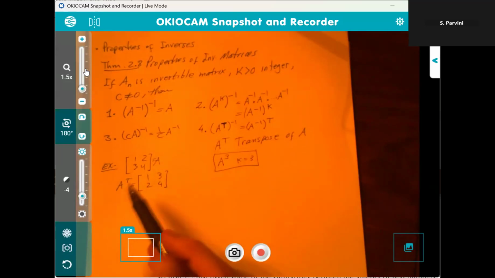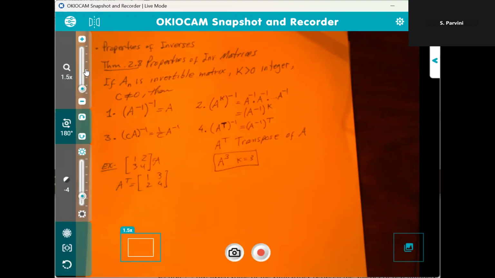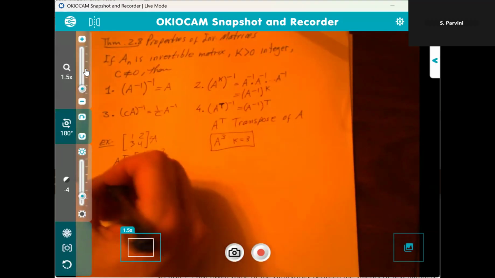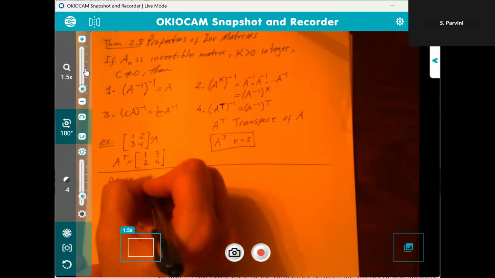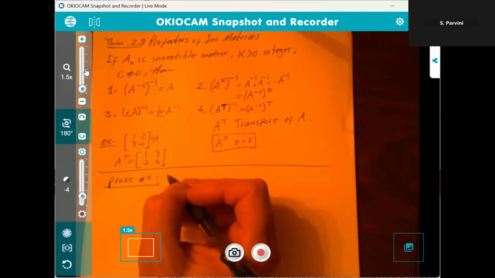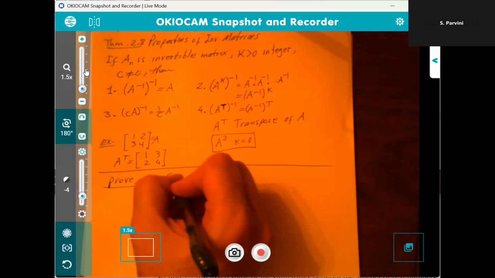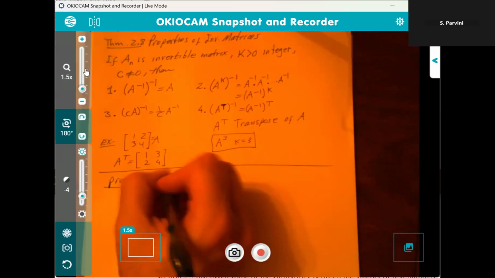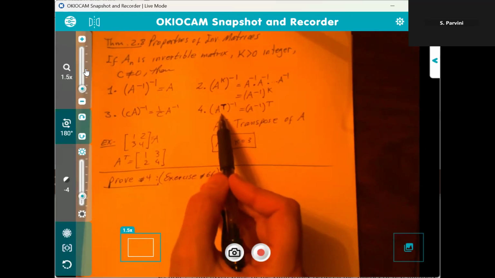Number 4, so we want to find the inverse of the transpose of A. Okay, so let's actually prove number 4 here. I believe this is one of the exercises, like exercise number 66 in your book. So we want to prove item number 4 here.